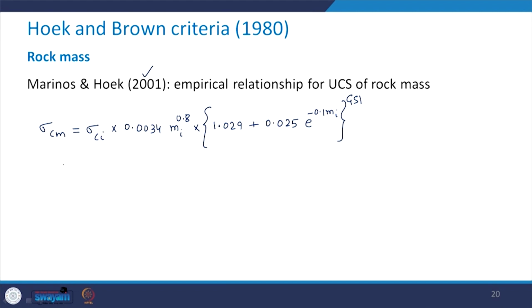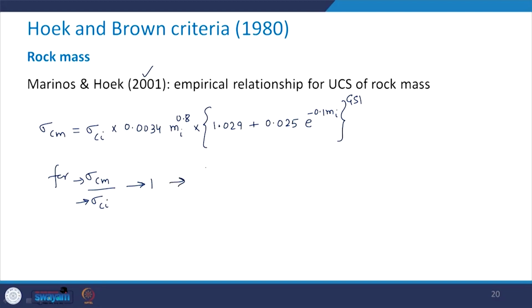So, for sigma Cm upon sigma Ci tending to 1, what does that mean? That the UCS of the intact rock and UCS of the rock mass are equal to each other.